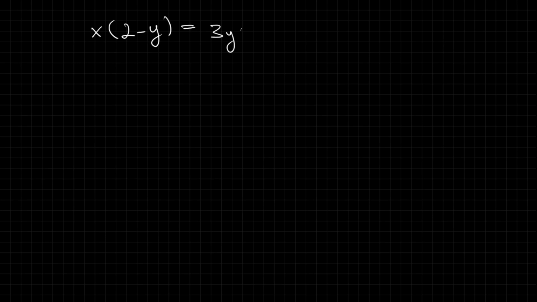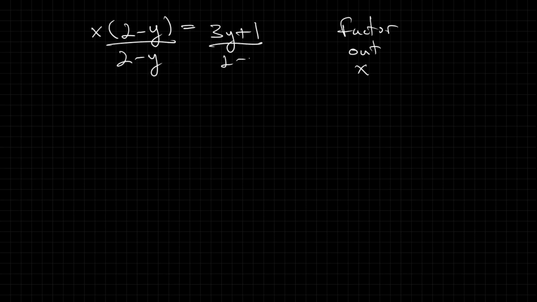We'll just leave it as 3y plus 1. Then finally, we'll divide by 2 minus y, and we'll get x equals 3y plus 1 over 2 minus y.